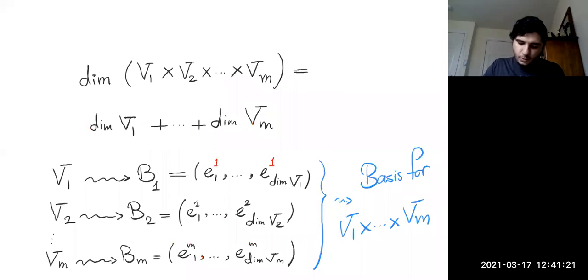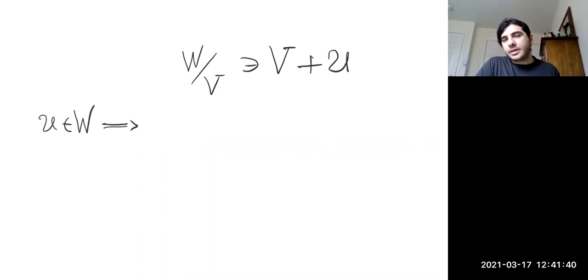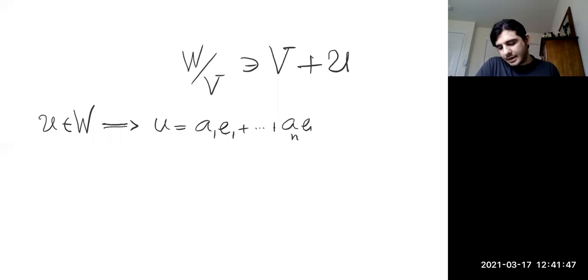So first, I need to show they generate this space. So let's take any element in this quotient space. As I said, any element there would be V plus some U, where U is a vector in W. Since U is a vector in W, U can be written as a linear combination of these elements, En+1 up to Em.